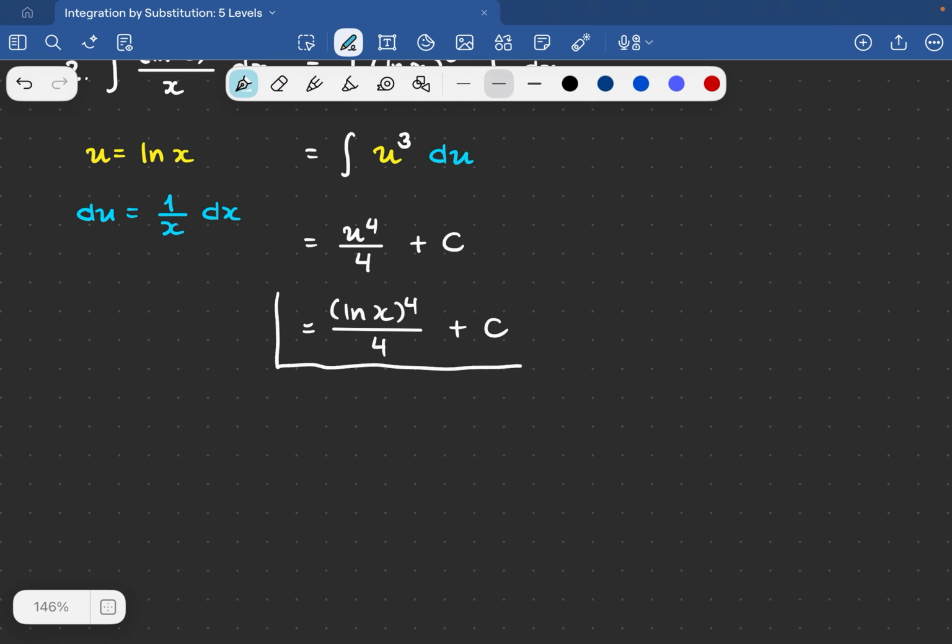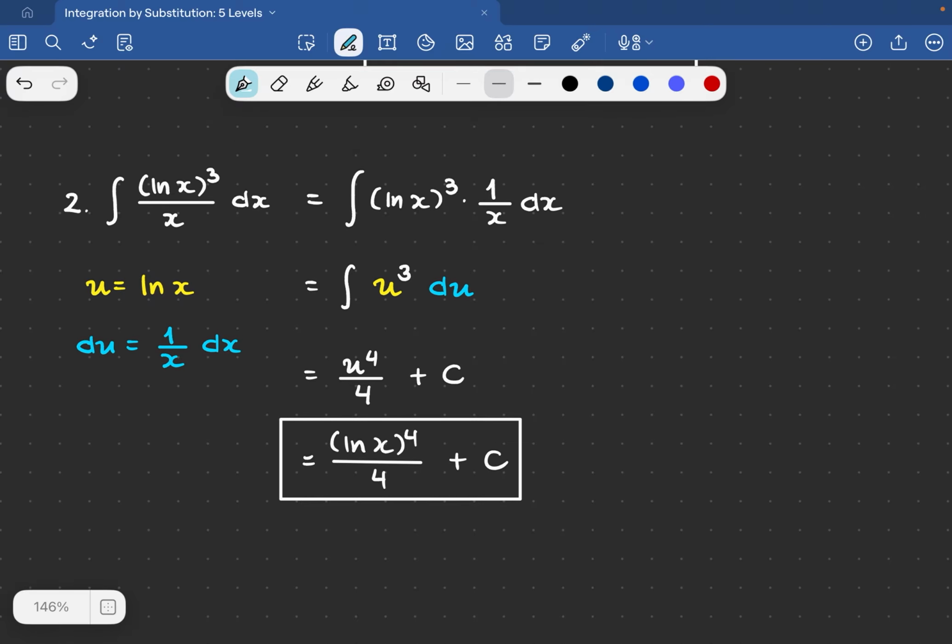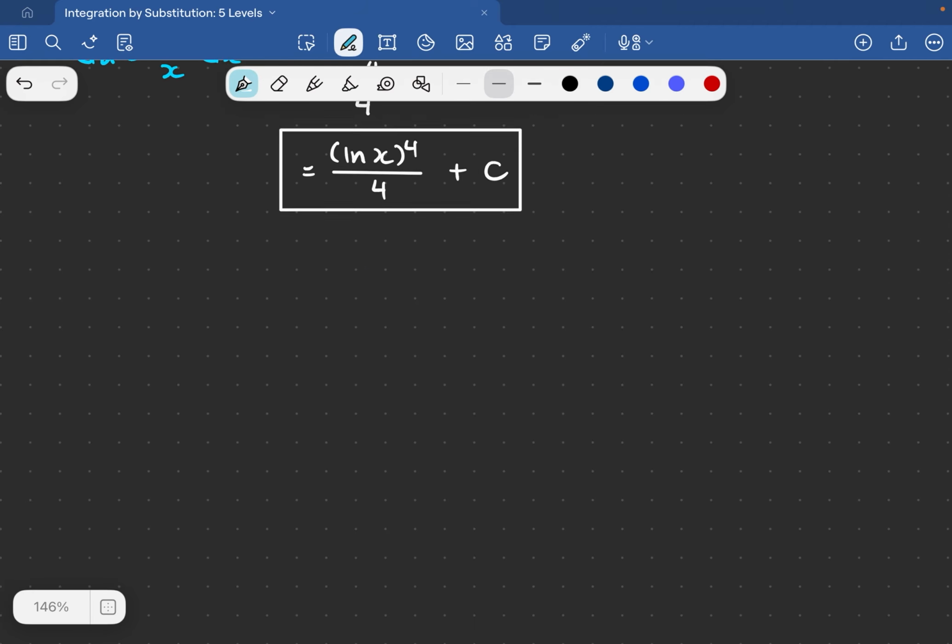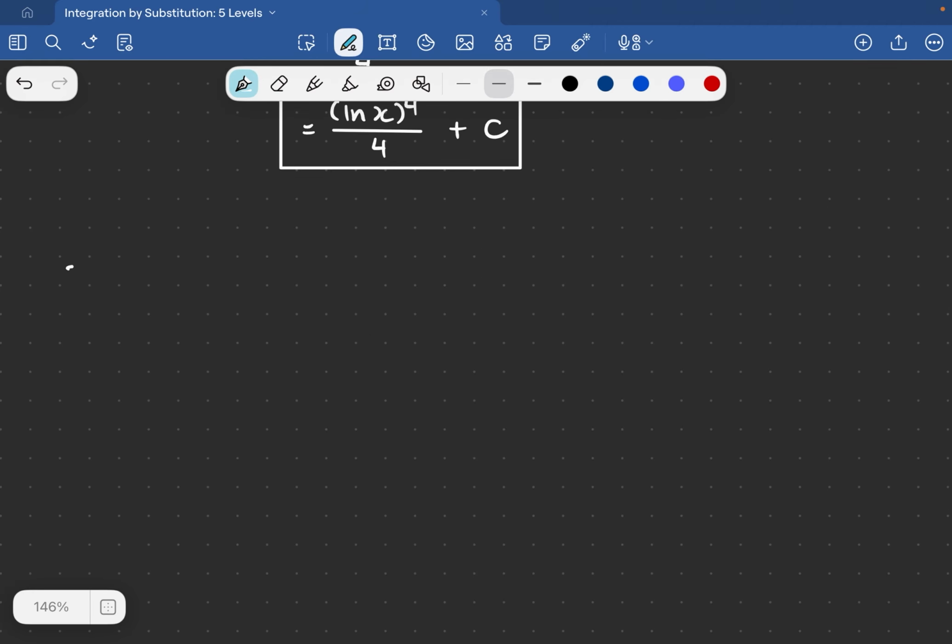This is the final answer for this problem. So as you can see, u-substitution makes our life easier. Let's move on to the third one.